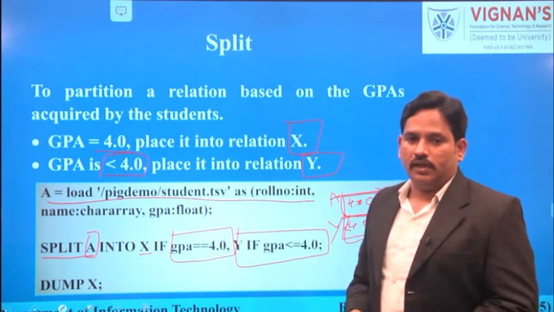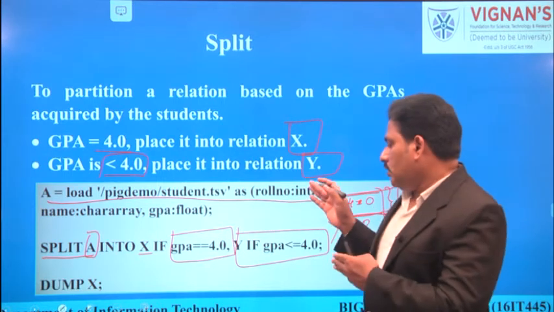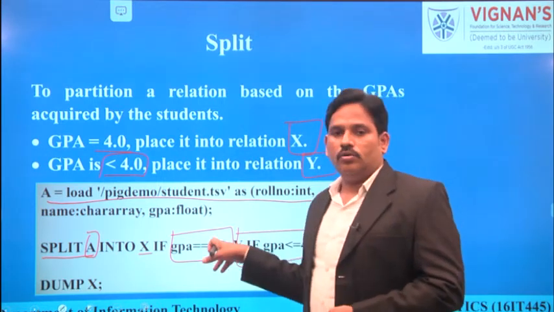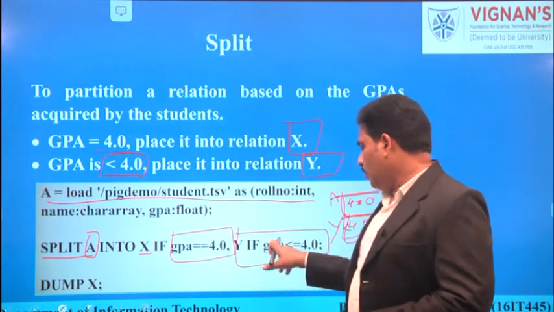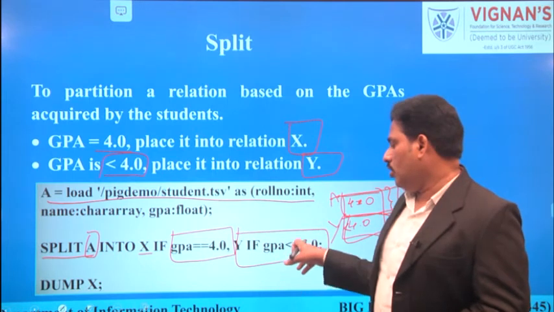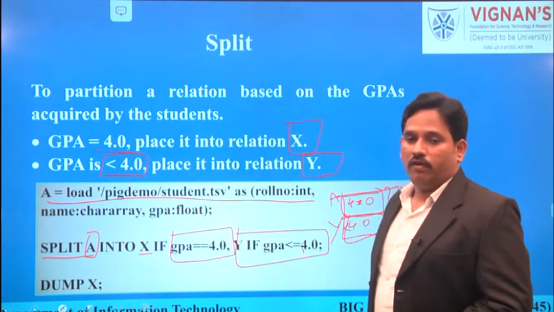Among all the records of this table, if any value has a GPA equal to 4.0, it will move to X. If any student's GPA is less than 4.0, that information will be kept in Y.